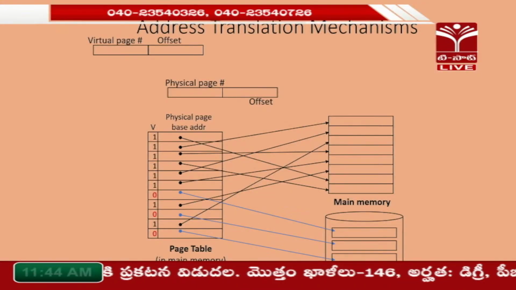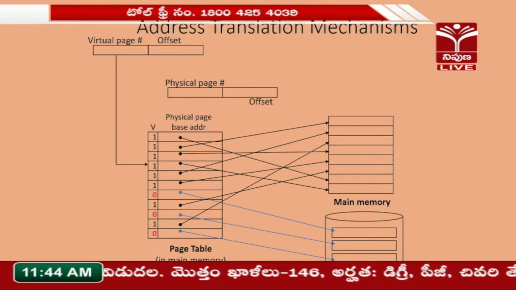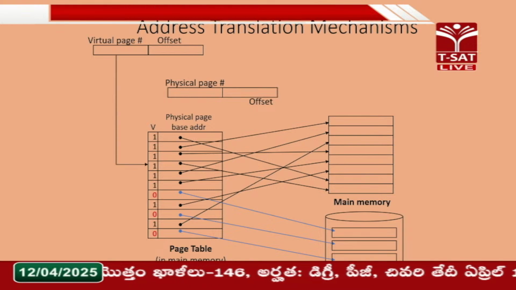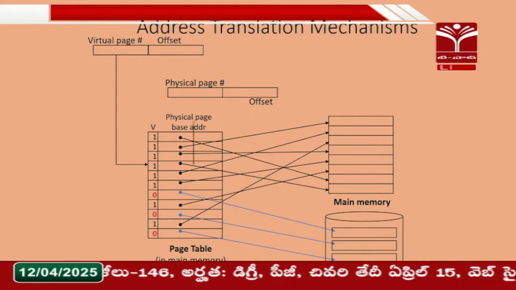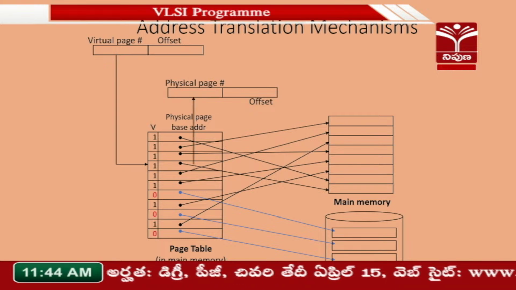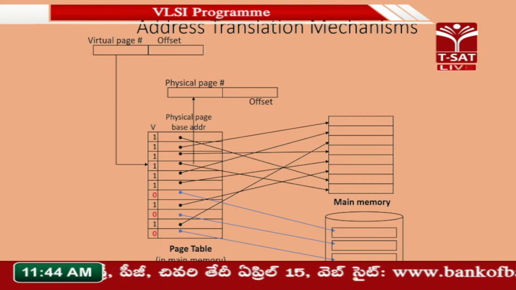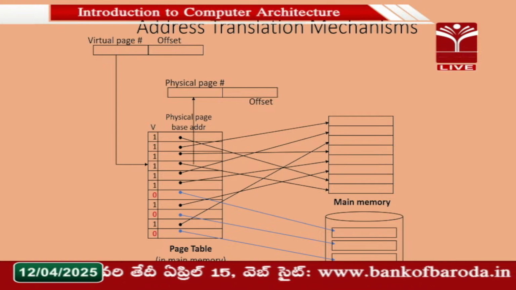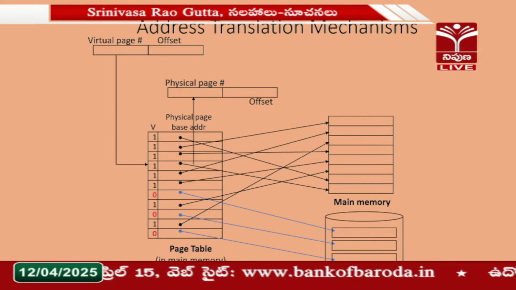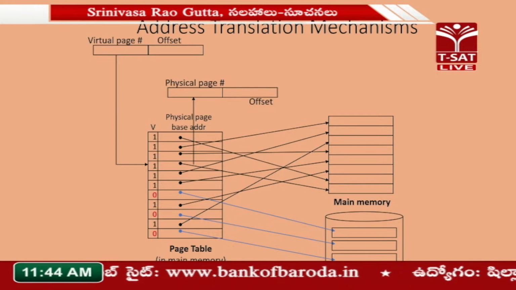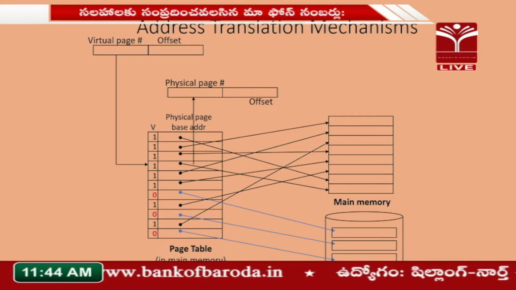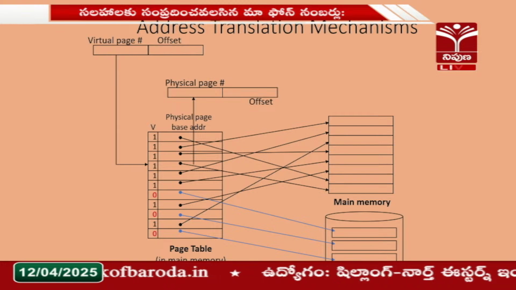Okay. So this is the example of the address translation mechanism. You have the virtual address that is given by the OS, and as I mentioned, there is a page table in the main memory. The page table contains the blocks of the memory that are shown in those arrows, and a valid bit. Valid bit 1 means the data is in the main memory.